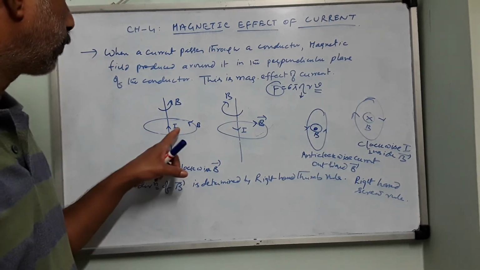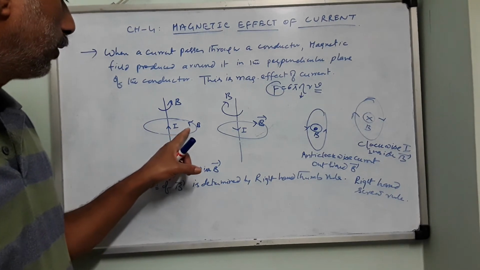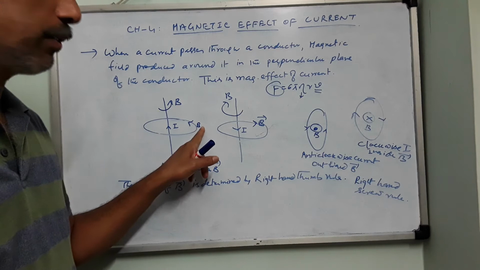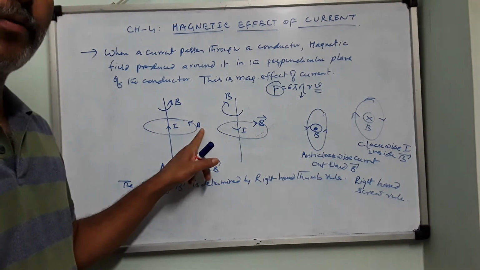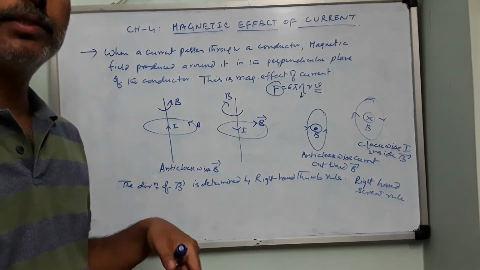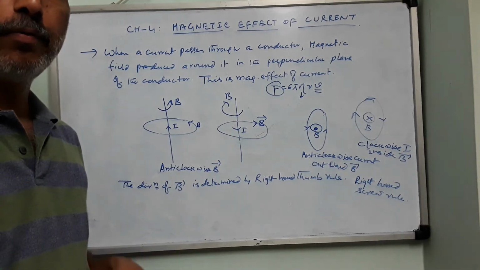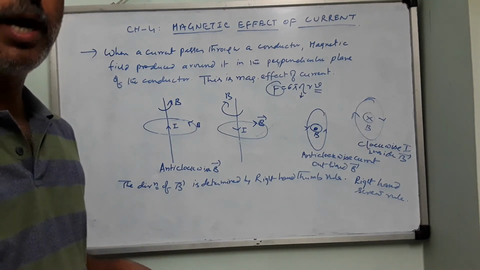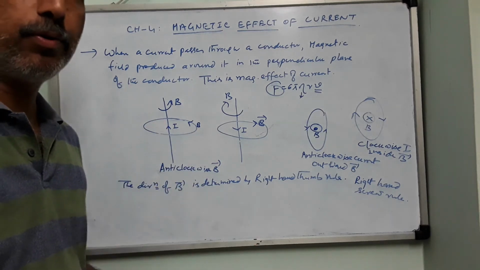Suppose at this point what is the magnetic field available? At this point what is the field available? Here what is the field available? So as you are moving away from the current carrying conductor, how will the variation of magnetic field take place? Will it be directly proportional to the distance, inversely proportional to the distance, or to the square of the distance? That we have to determine.